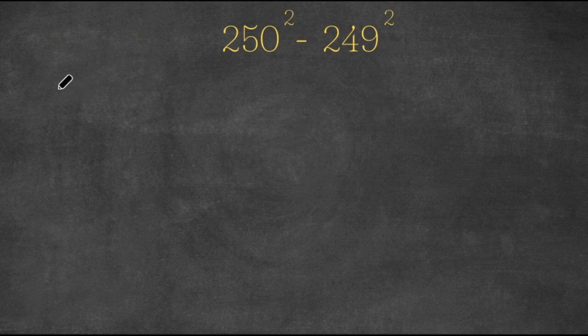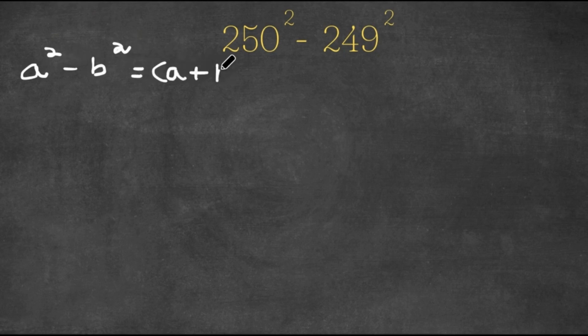Now in algebra, if we have something in the form a squared minus b squared, this can be written as a plus b times a minus b.